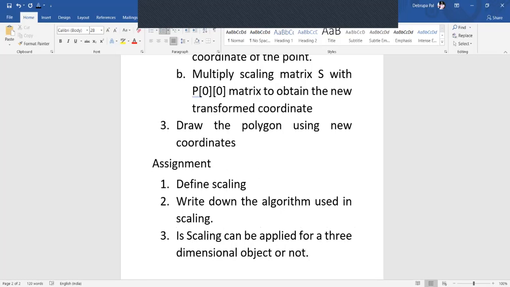That means whether scaling can be applied to a three-dimensional object or only to two-dimensional objects. So that is all for now. In the next class, we will continue with some more concepts related to scaling.